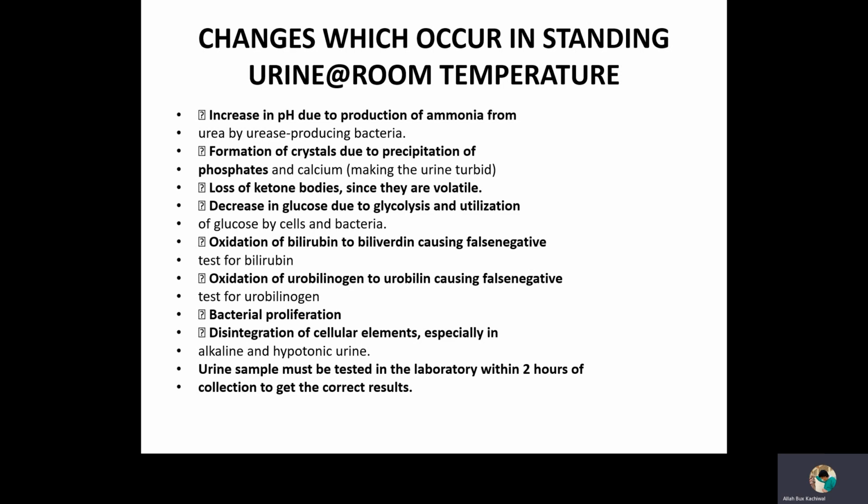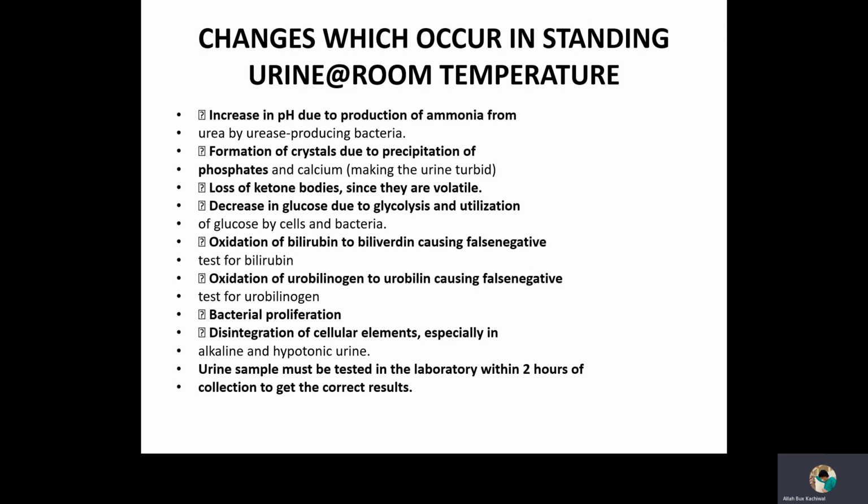If we are placing the urine sample at room temperature, the pH can increase, because if there is an infection in the urine, it may cause the pH to increase. So you must analyze the pH of the samples immediately when you are placing them at room temperature.